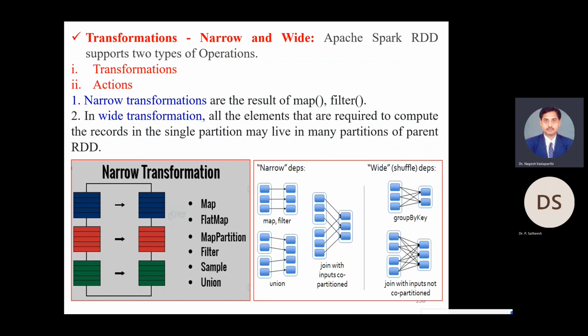There are two types of transformations, narrow transformations and wide transformations. Narrow transformation examples are map, flatMap, mapPartition, filter, sample, union, etc. Wide transformations are groupByKey and various other transformations.